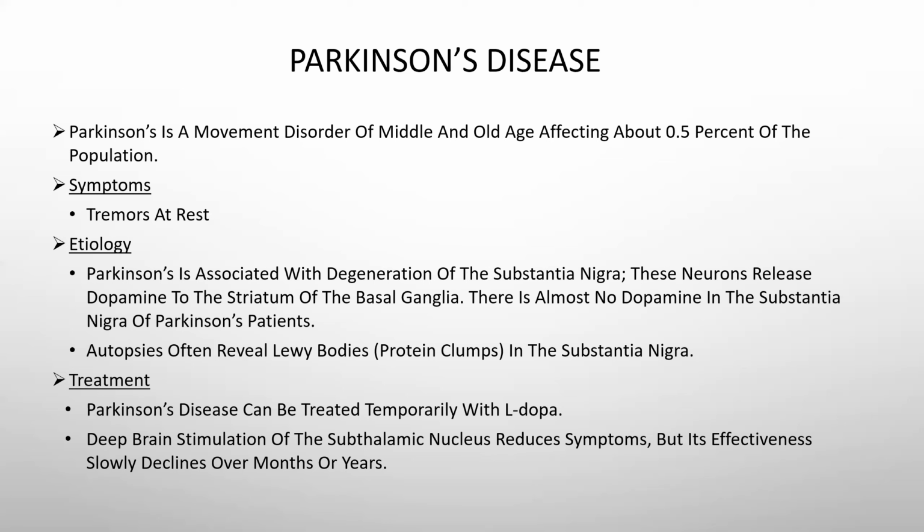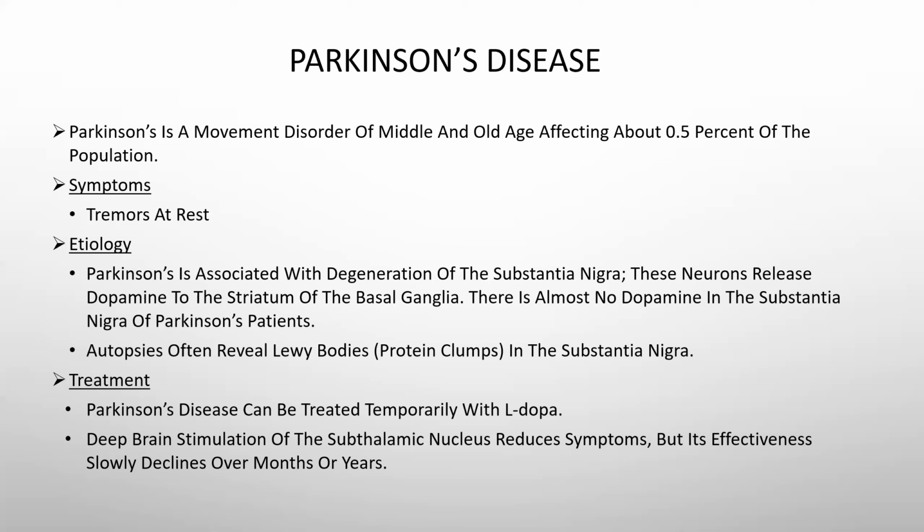There's almost no dopamine in the substantia nigra of Parkinson's patients. So unfortunately, by the time we see Parkinsonian type symptoms, almost all of the dopamine is gone from the substantia nigra. Autopsies often also reveal Lewy bodies in the substantia nigra, which are these protein clumps that are prohibiting the neurons from communicating effectively.